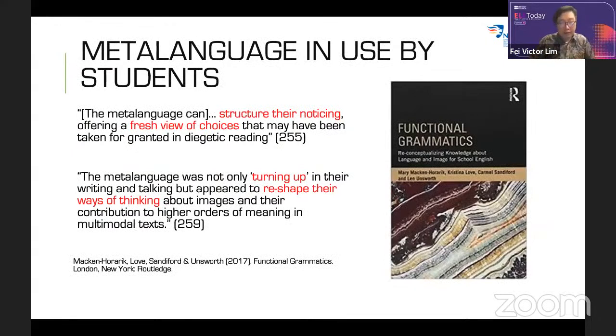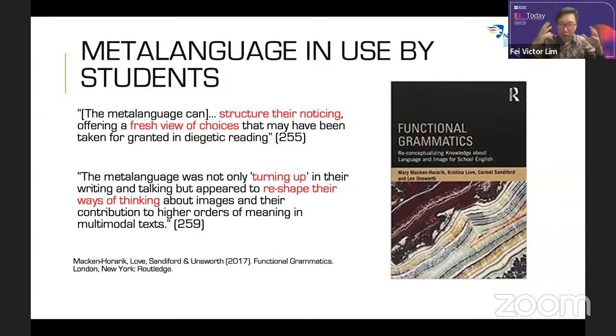In a project done by Mary McCann-Horowitz and colleagues in Australian schools, where they introduced a set of meta-language guided by appraisal theory and systemic functional linguistics to primary school students, they noted that the meta-language can help students structure their noticing, offering them a fresh view of choices that may have been taken for granted in didactic reading.